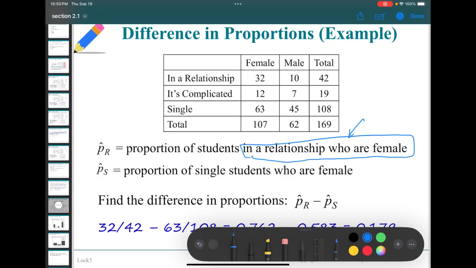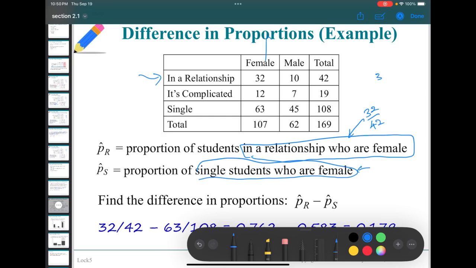The proportion of students in a relationship, this one, who are female: 32 over 42. We denoted it by P hat R. And the other one is the proportion of single students who are female.